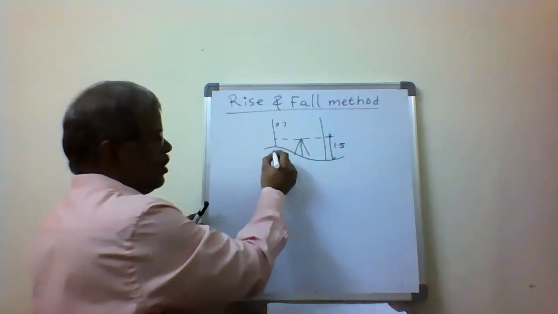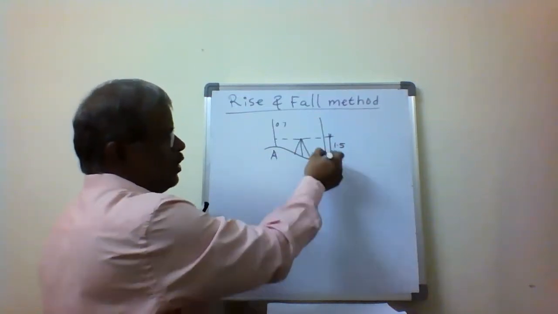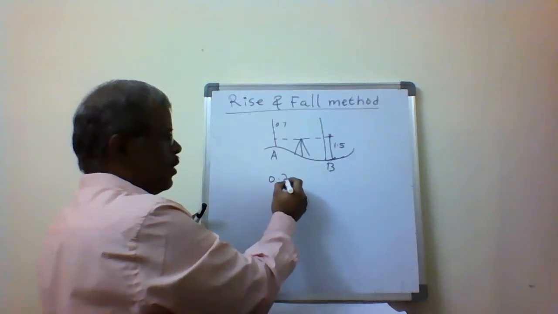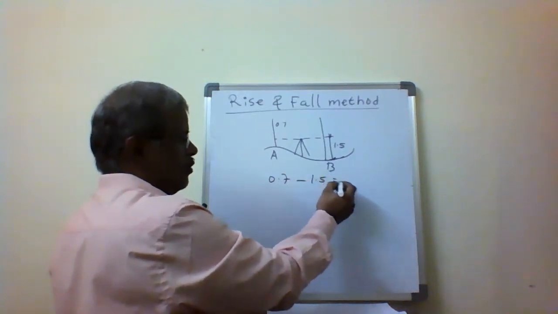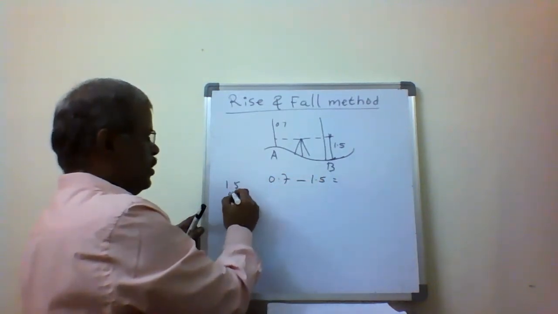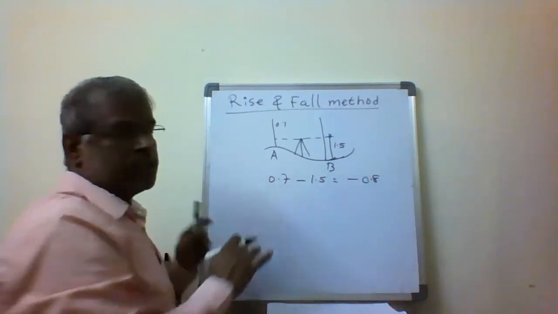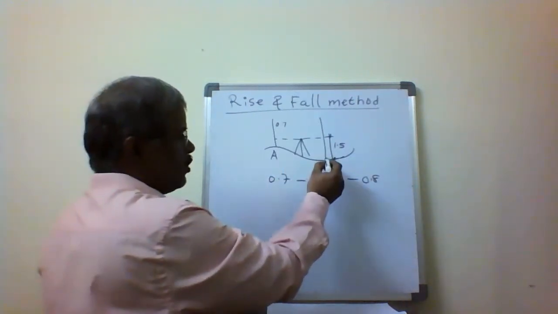Now, point A and point B: point B will be at the lower level, point A at the higher level. So the difference is 1.5 minus 0.7, that's minus 0.8. Minus 0.8 means B is at the lower level.